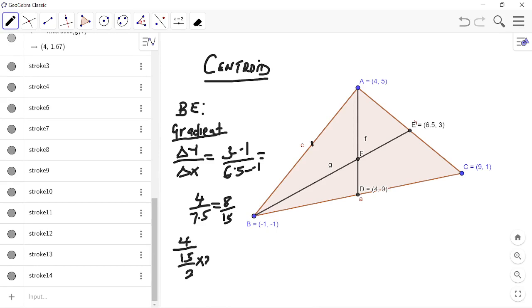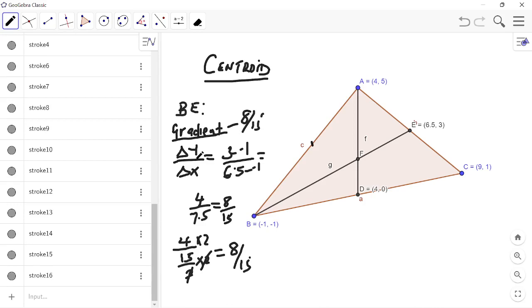Just multiply by 2, multiply by 2, so that one goes, then you get 8 over 15. So the gradient of BE is 8 over 15.